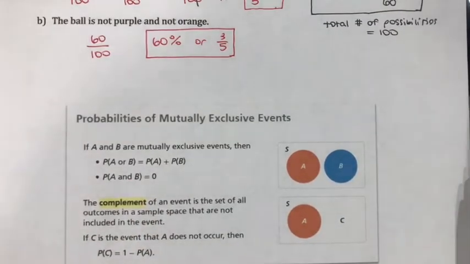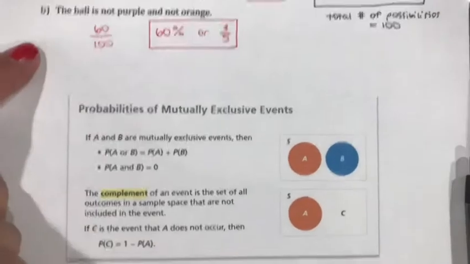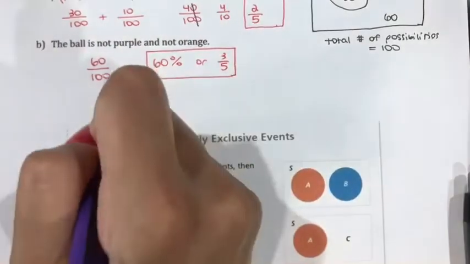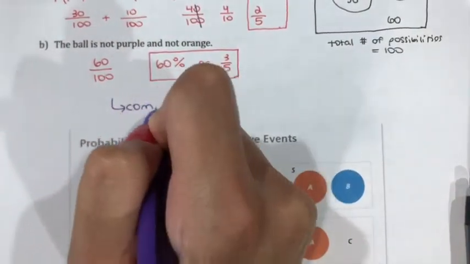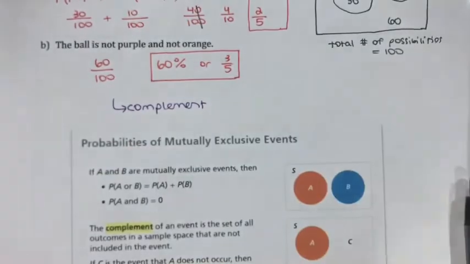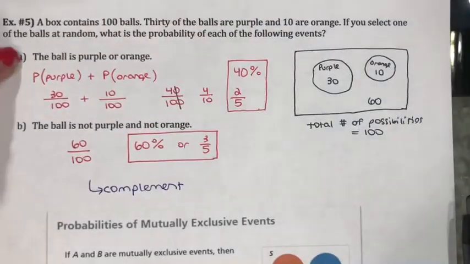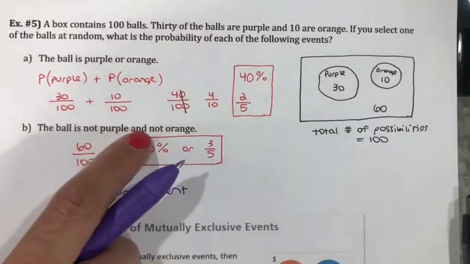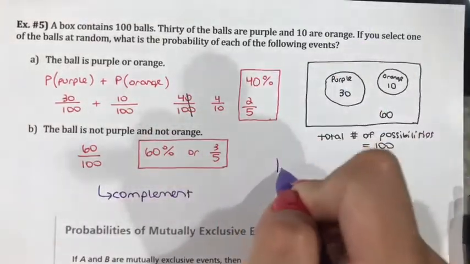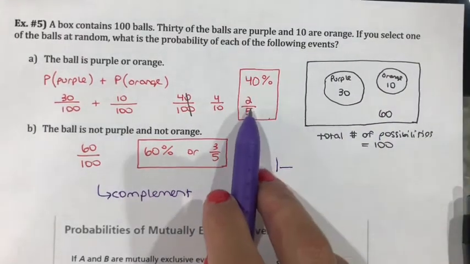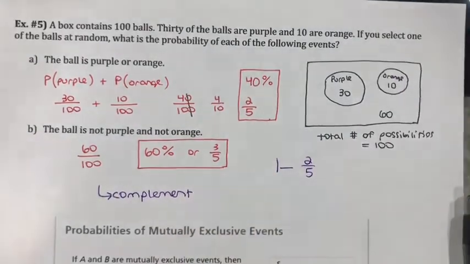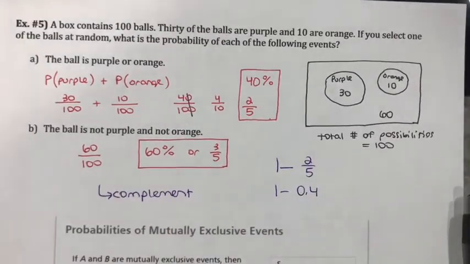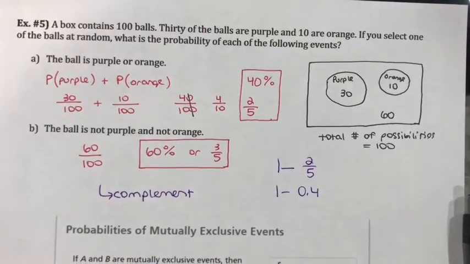Okay. Our last bit is what we actually talked about with this not purple and not orange. This is called the complement. Okay. So if we started by saying the ball is purple or orange, well, not purple and not orange, we would do 1 minus whatever percentage this was. So in this case, I could do 1 minus 2/5 or 1 minus 0.4 would be the same thing because those are equivalent fractions.